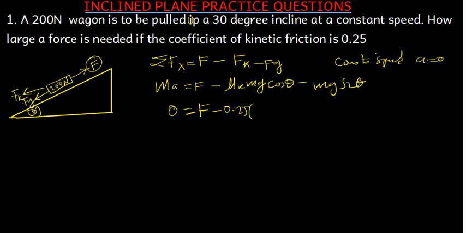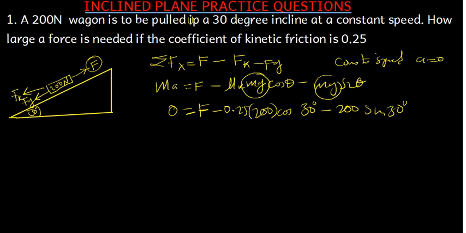We've been given the weight, so mg gives us 200, times cos of the angle of incline, 30 degrees, and then minus mg, which is again the weight, 200 newtons, times sine 30 degrees.